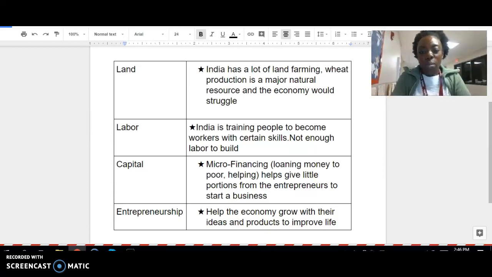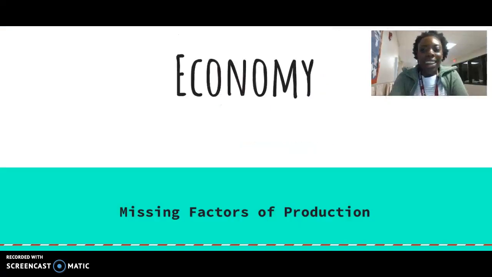Entrepreneurship finally helps the economy grow with their ideas and products to improve life. And if we didn't have the entrepreneurs in the first place, then we wouldn't be able to make a product or sell anything.